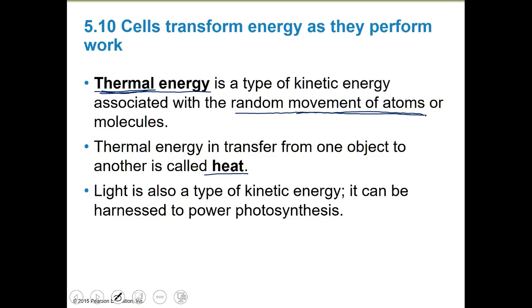Think about boiling water: you've heated the water up, and you get those water molecules moving like crazy. So thermal energy is a transfer from one object to another as heat. Light's also a type of kinetic energy, and it can be harnessed through photosynthesis. That's our next section that we'll talk about.